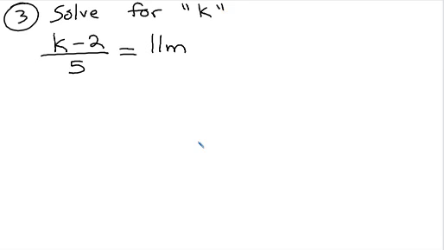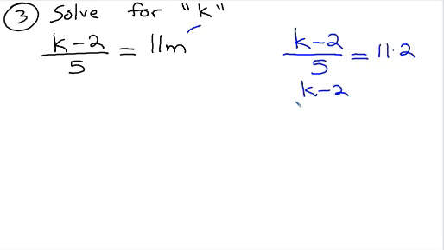Okay, I told you to set up a planning or a pretend problem. So if you come over to the side and pick a number for m, like 2, then you've got 11 times 2. So this is (k minus 2) over 5 equals 22. And now we say, how do I solve that?